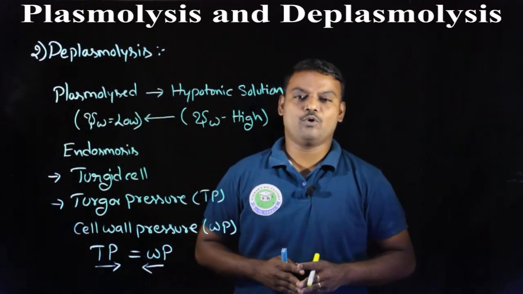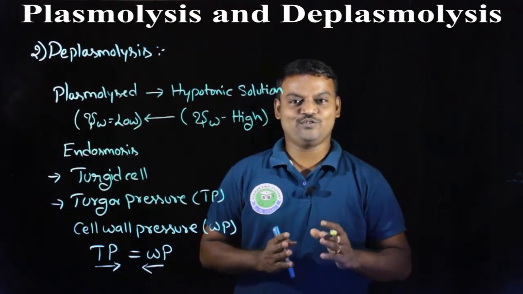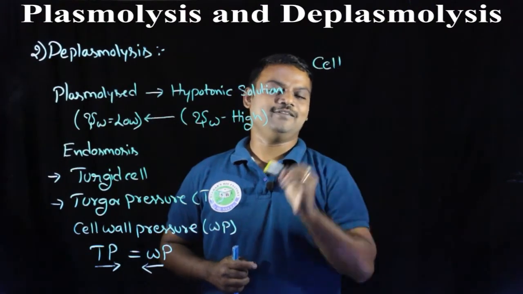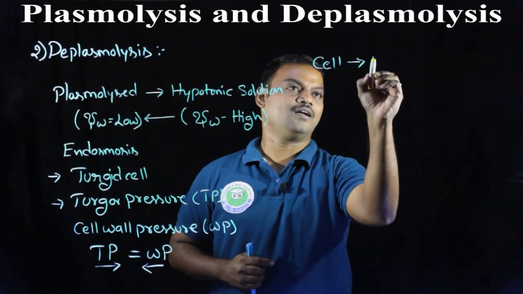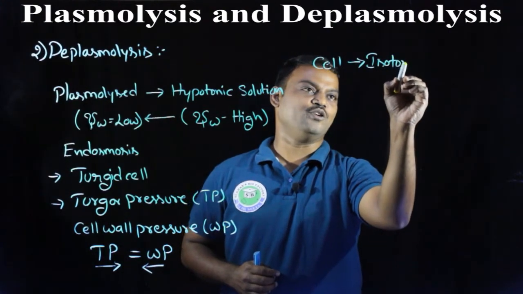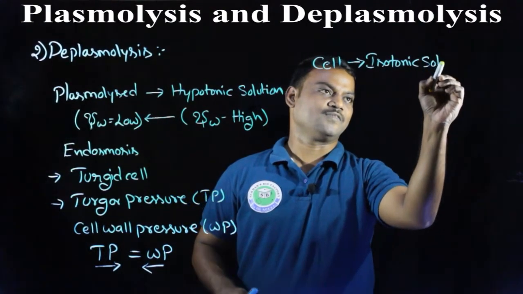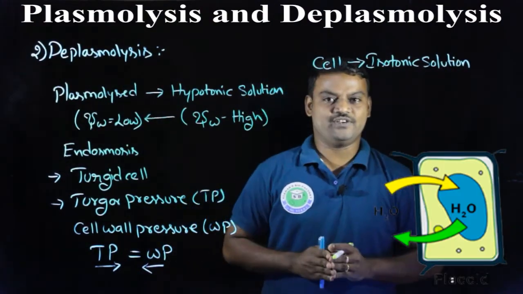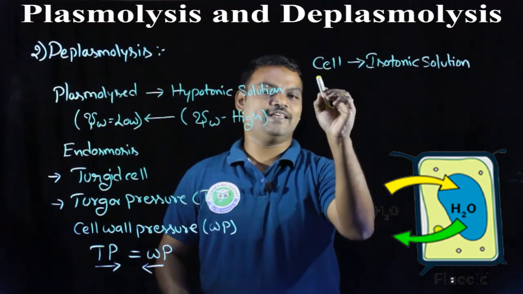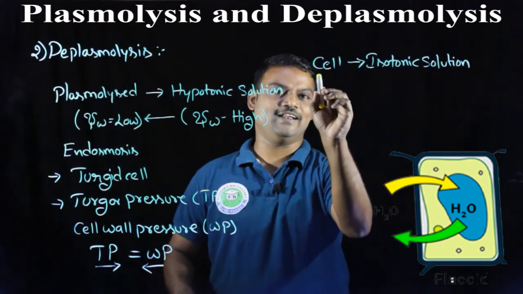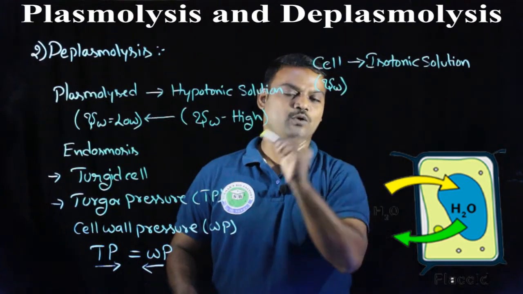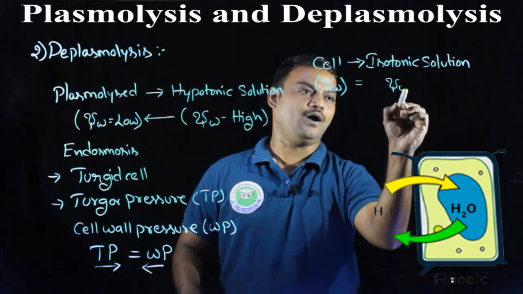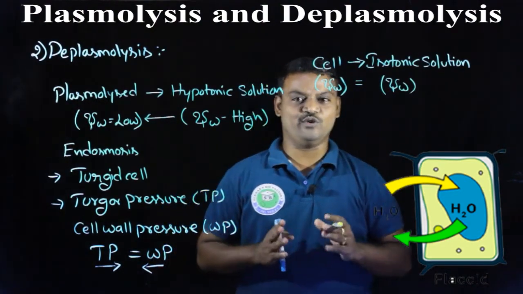In a similar way, we have one more type of solution. It is called isotonic solution. By keeping a living cell in isotonic solution, in this condition, the cytoplasm present inside the cell has some water potential value, and this water potential value is equal to the water potential of the isotonic solution.